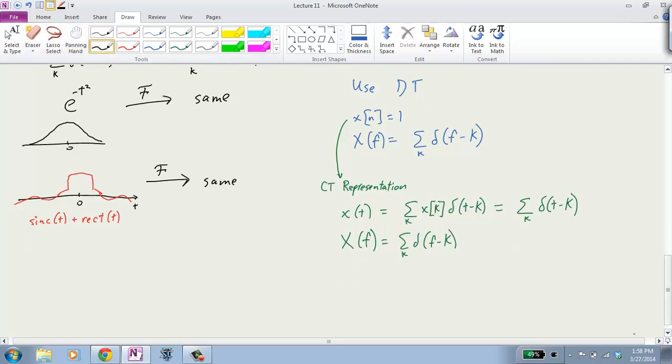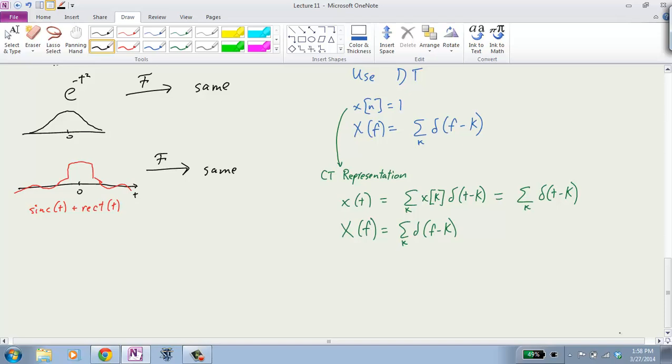What we really are going to want is a more general formula for sampling at different rates. So this is like sampling at rate 1. What I mean by that is the delta functions in time here occur at the integers. In reality, we're going to be interested in getting delta functions that occur at any uniform intervals we want, because this is going to be our model of sampling.